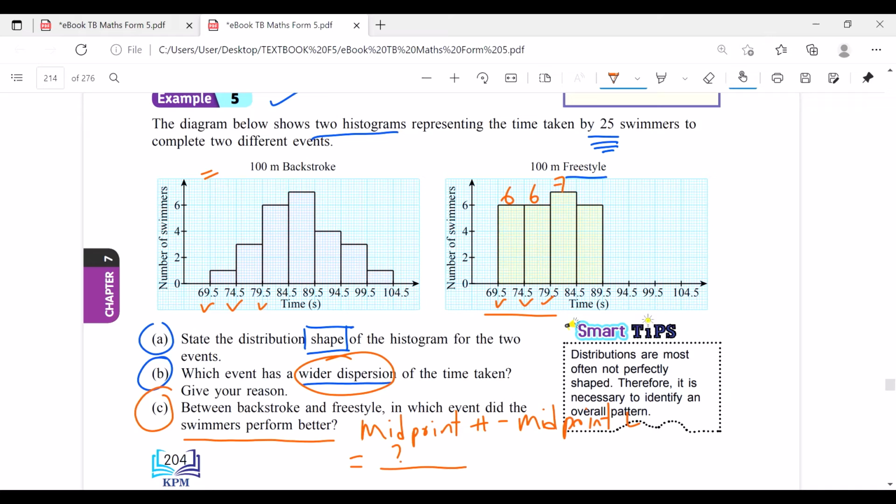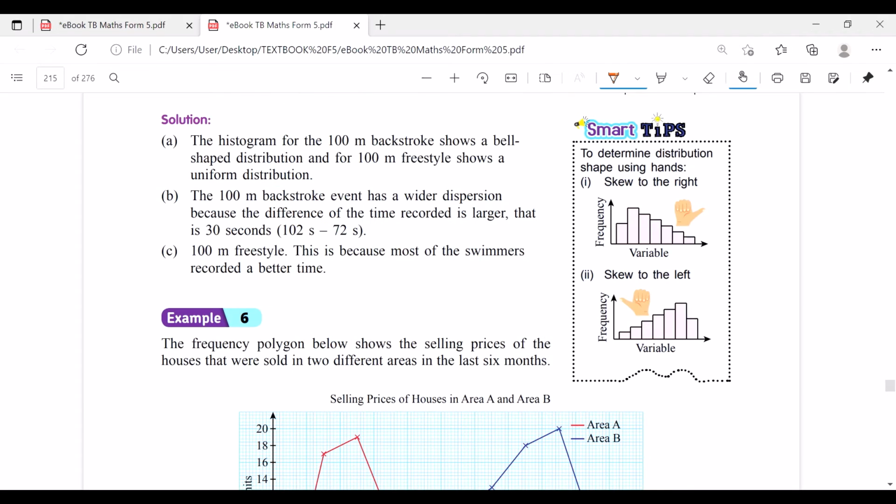This one here you have only 3. This one only 6. So you calculate this one compared to this one. You have more swimmers that perform better in freestyle compared to backstroke. That's the answer. More swimmers perform better with the shorter time, that means they perform better. A few tips for you.